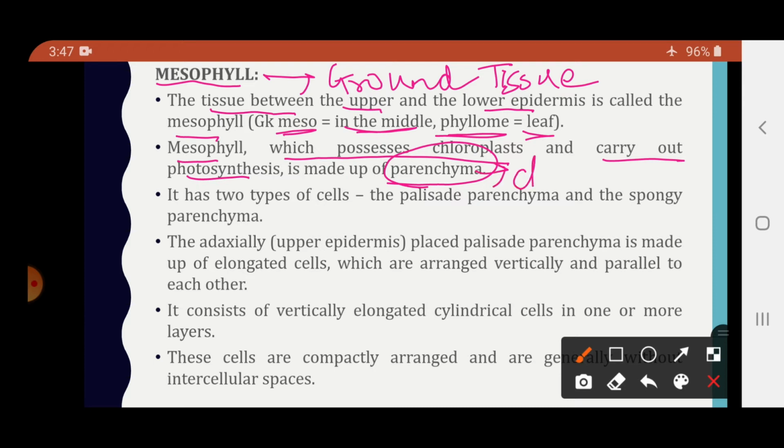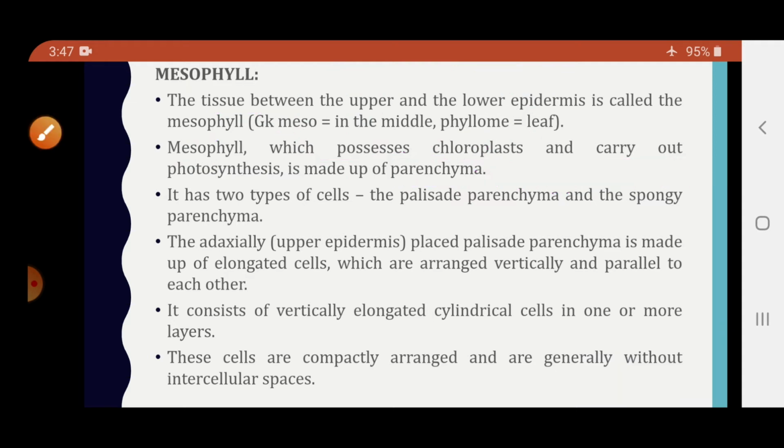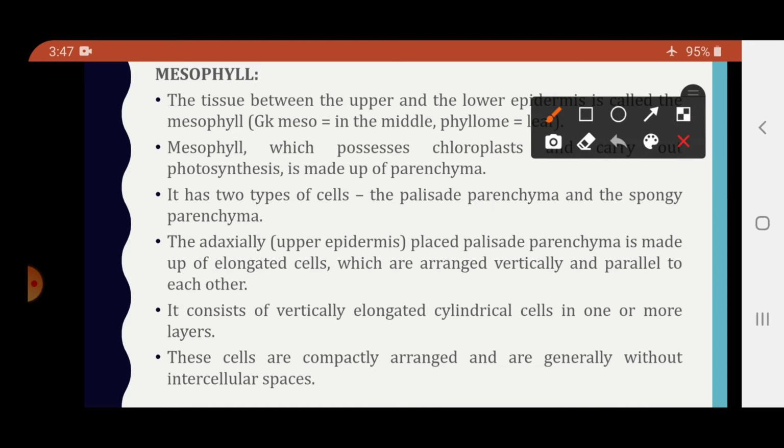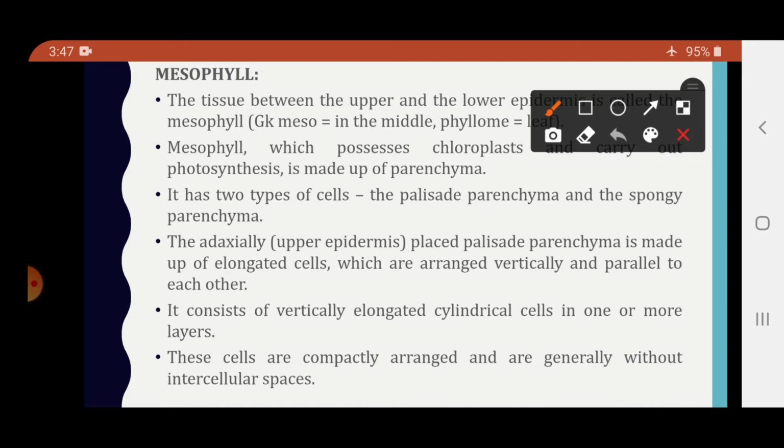Which type of parenchyma? Here it is the chlorenchyma. What is chlorenchyma? The parenchyma consisting of chloroplast is called chlorenchyma. So basically the mesophyll is made up of what? It is made up of chlorenchyma. Now here the mesophyll is made up of two different types of cells.